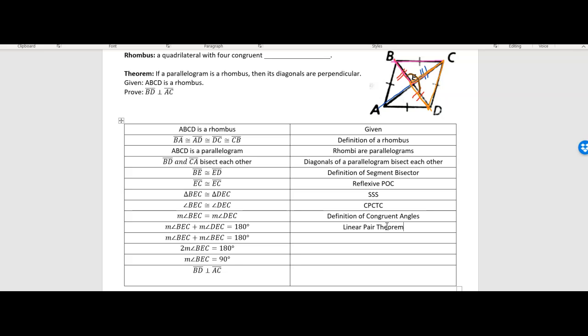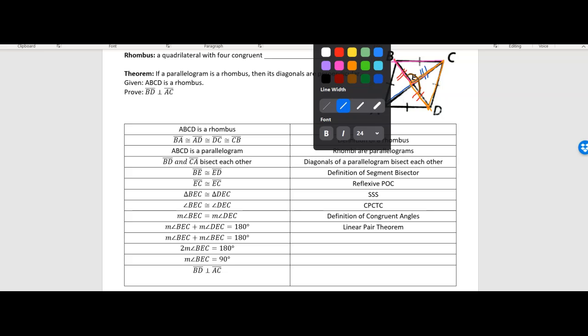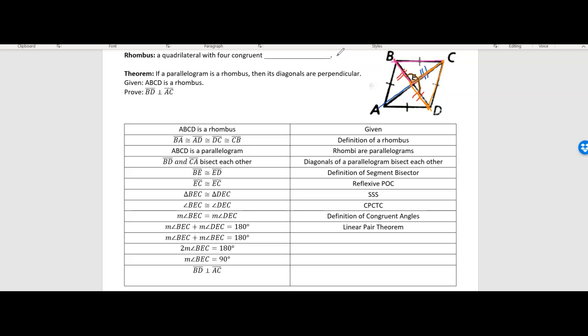If I know that they're congruent and I know they're equal to 180, well, this next line, they've done some substituting. Because the measurement of angle DEC is equal to the measurement of angle BEC, these two can be used interchangeably.